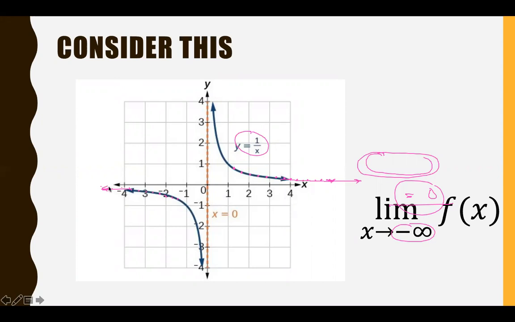So as our values of x decrease indefinitely, it will tend to approach 0. It will tend to intersect 0, but it will never intersect. So the answer for this is equal to 0. If you notice, at both positive infinity and negative infinity, the answer is equal to 0.